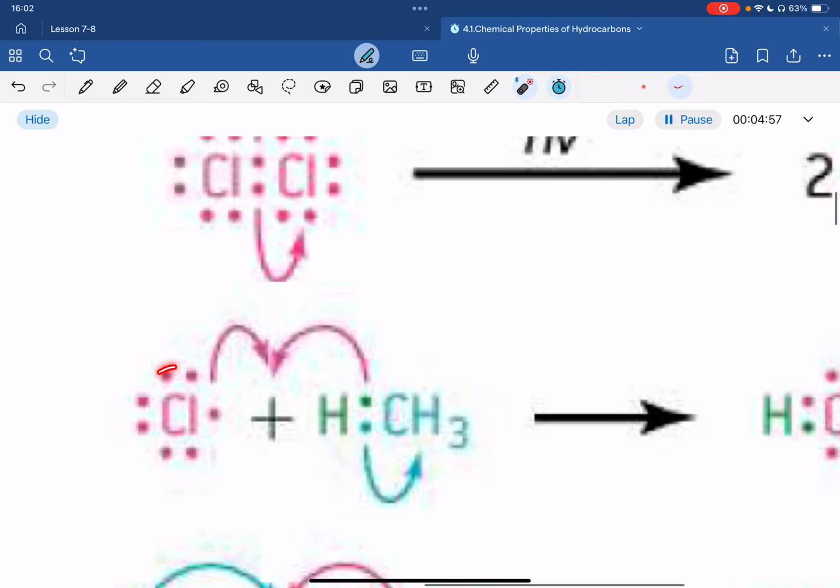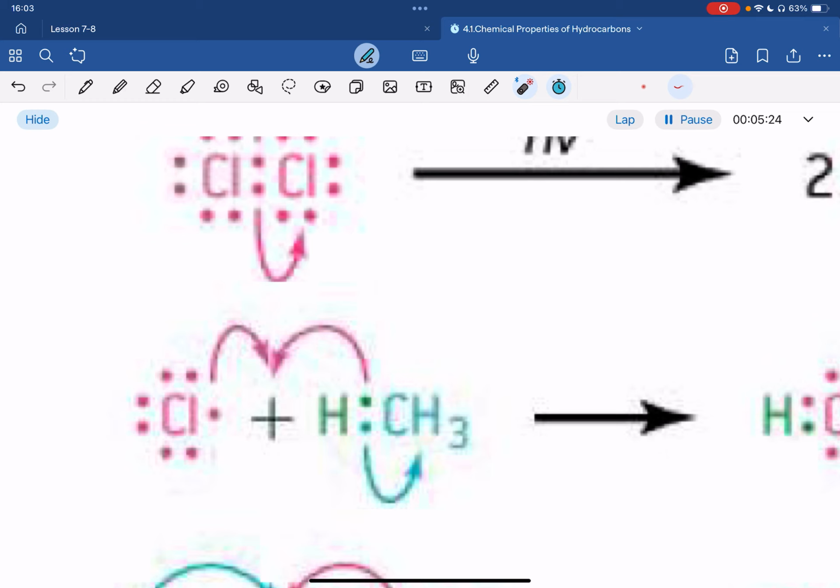Remember, these free radicals are highly reactive. Also, they are highly dangerous. Whatever they collide with, they will disturb the structure of that molecule and replace elements from it. This chlorine has 7 electrons. You remember the octet rule, it needs one more electron.